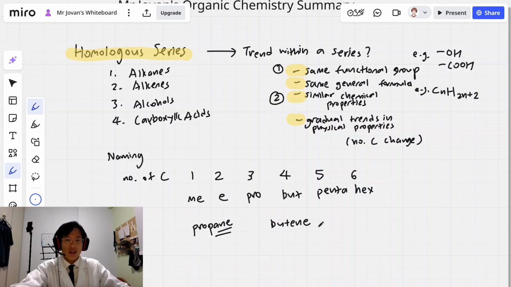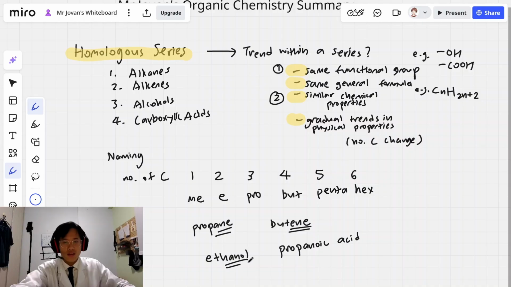If it's an alcohol and it has 2 carbon atoms, we call it ethanol. If it's a carboxylic acid and it has three carbon atoms, propanoic acid.